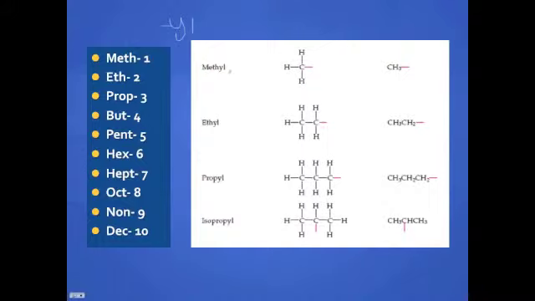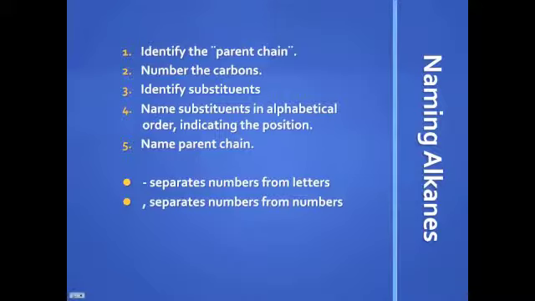Then it's propyl, and this one, isopropyl, as you can see, starts from the middle, not from the ending. Therefore, it's called isopropyl. It has different functions and properties, therefore it has different names. These prefixes will also be used for alkanes.